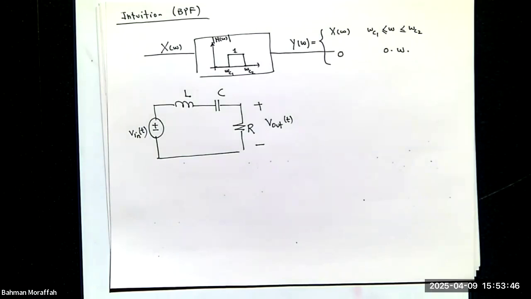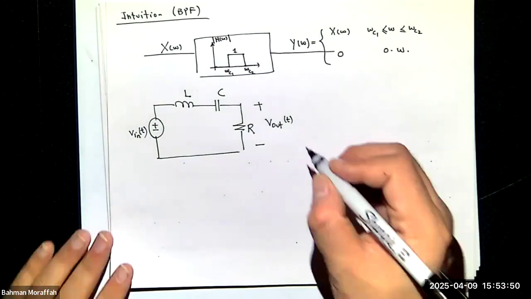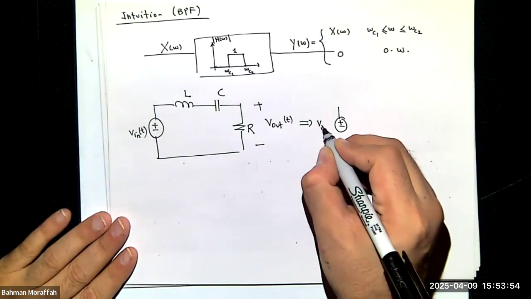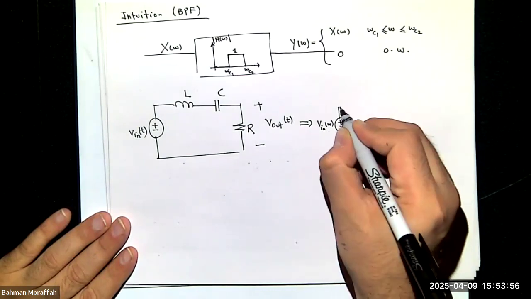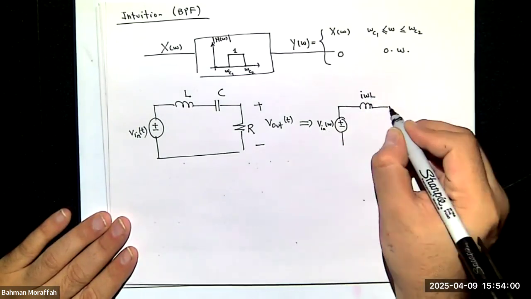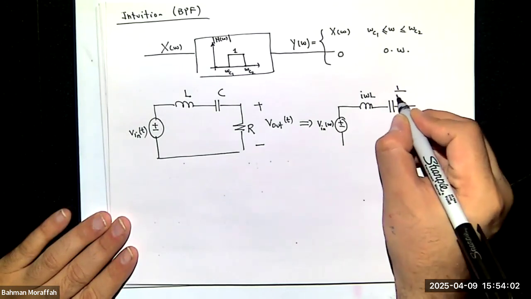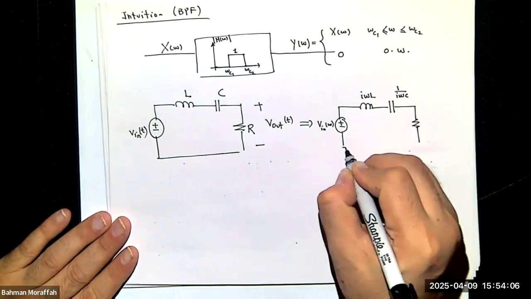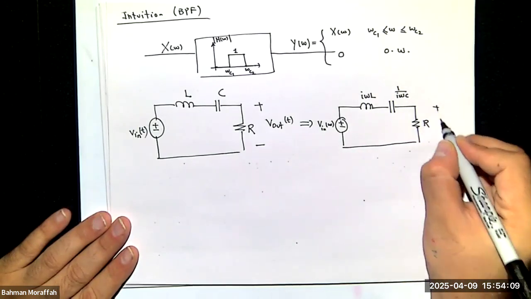To analyze this, I have to take it to the frequency domain. If I take this to the frequency domain, again, the topology would not change. This inductor becomes i omega L. This capacitor becomes 1 over i omega C. This resistance does not change.